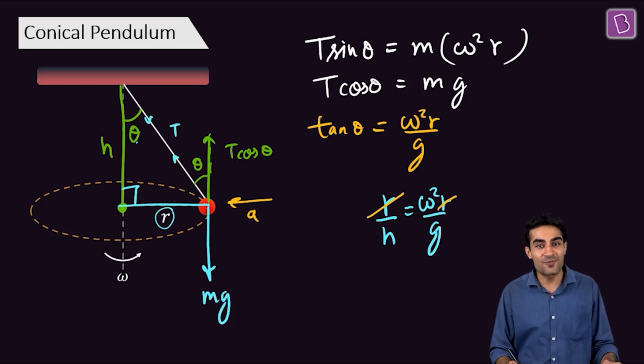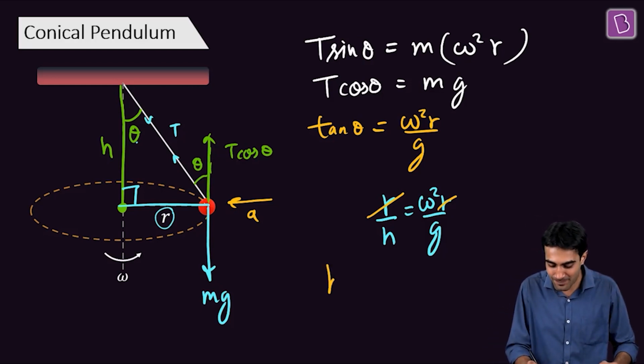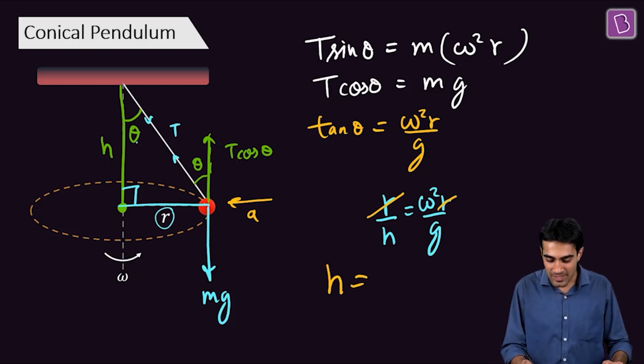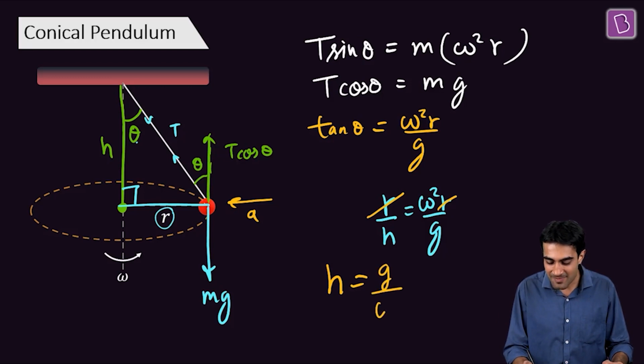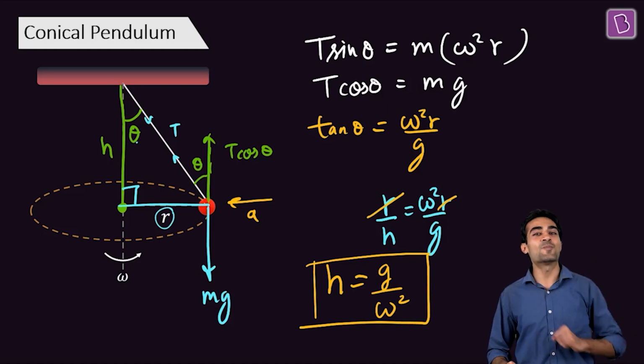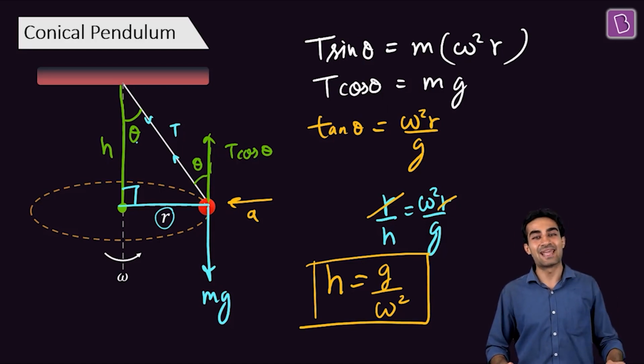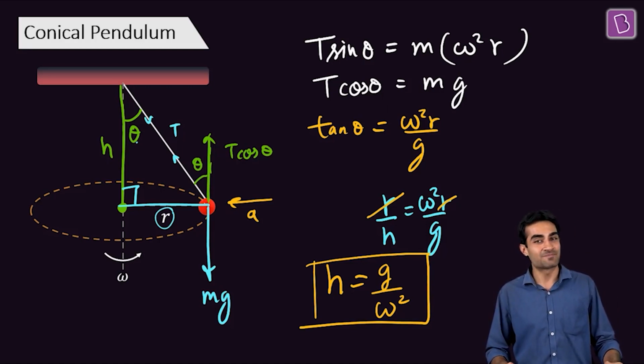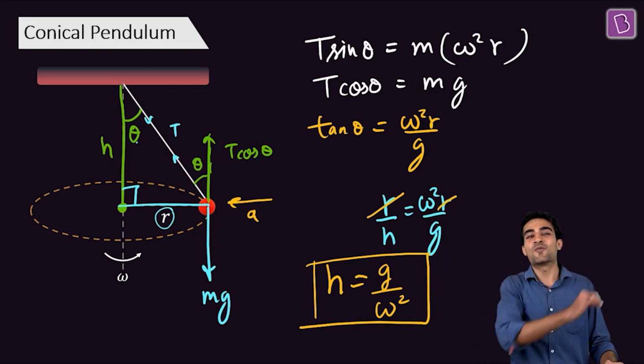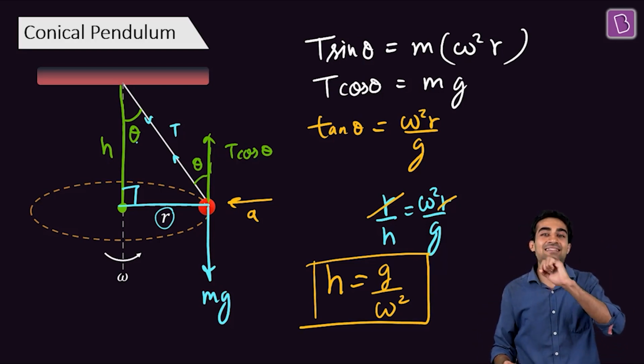And what are we left with? We are left with the depth. Depth h is equal to g by omega square. For same value of omega, depth is same. I repeat, this is interesting. For same value of omega, depth is same.